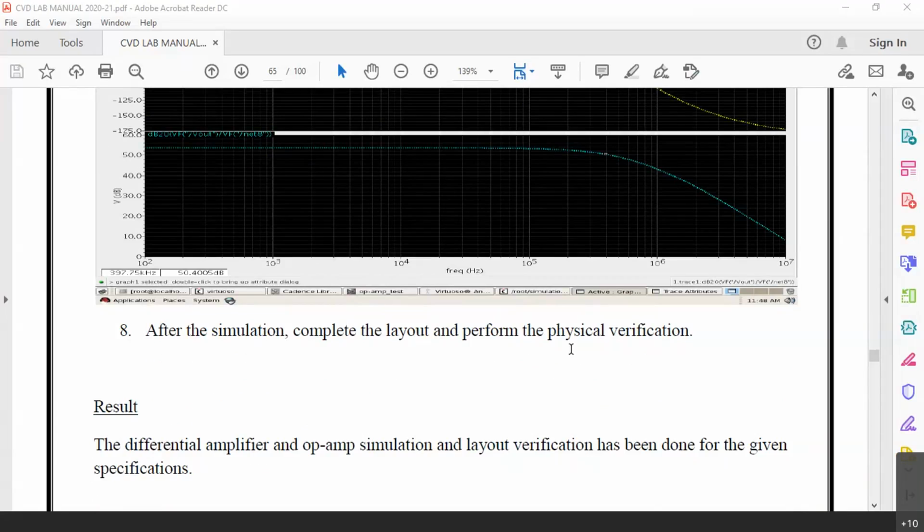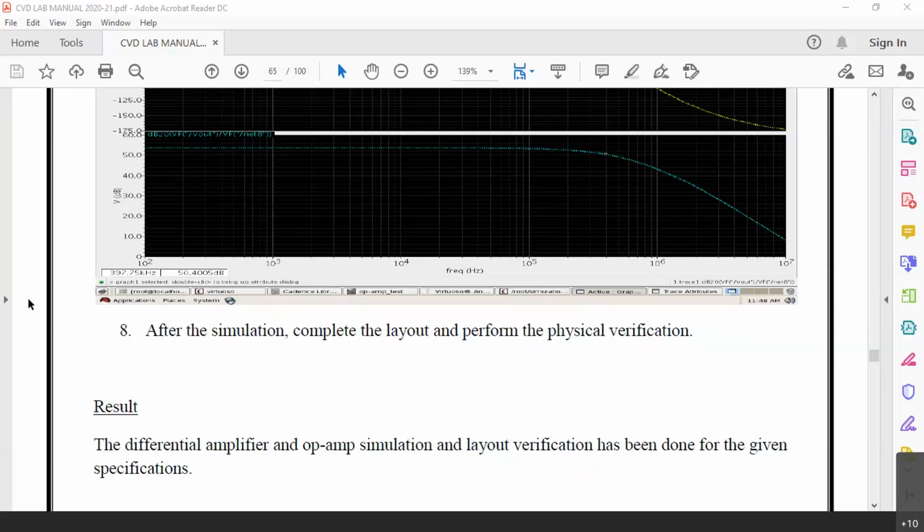So, those students who are interested to perform back annotation, we will tell you when we start the offline lab about how back annotation can be done. Of course, I don't know how much time there will be for you to perform all those things now. Still, even in the next semester, if you take this up as a mini project, you can perform a back annotation where you can see the difference between the values obtained just by simulation and obtained after physical verification.